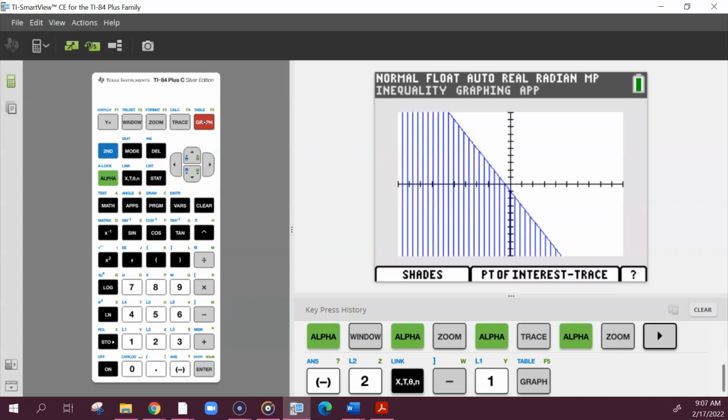This will graph it for you. You could count your y-intercept and slope from here. It'll show you whether it's dashed or solid, as well as whether it's shaded above or below. So that's another way to check yourself.